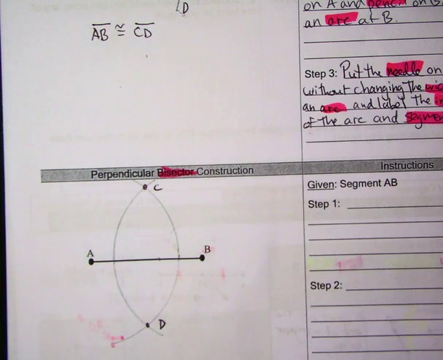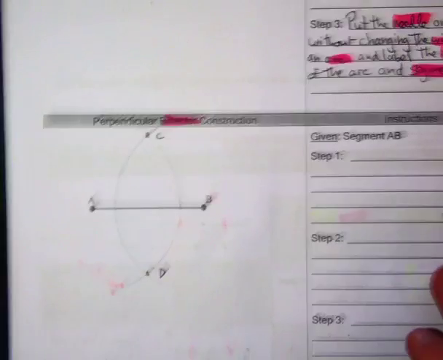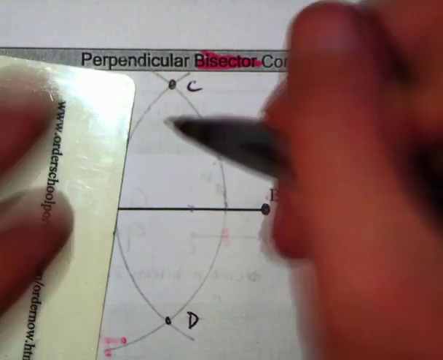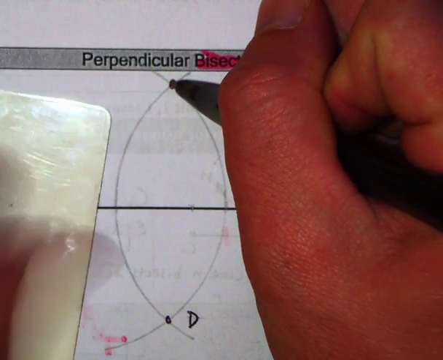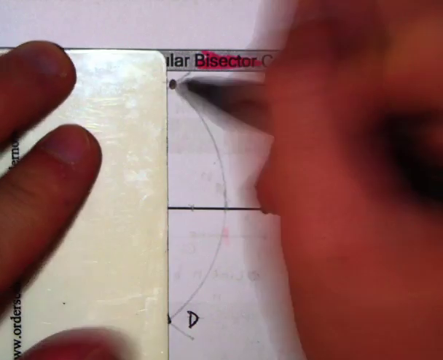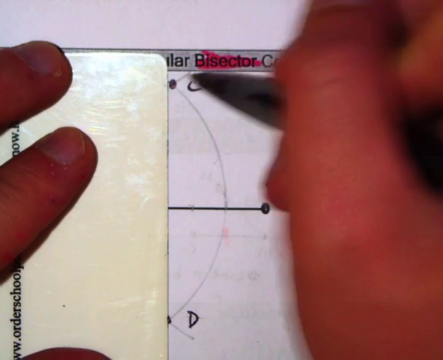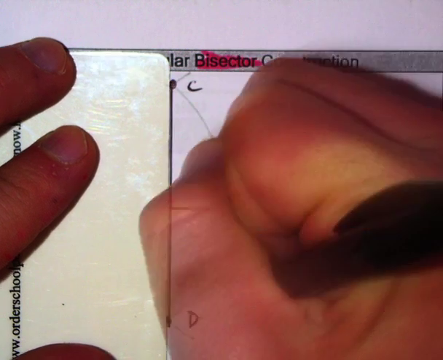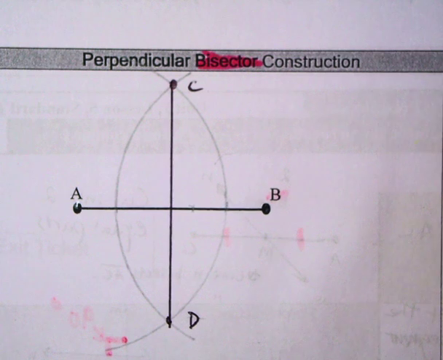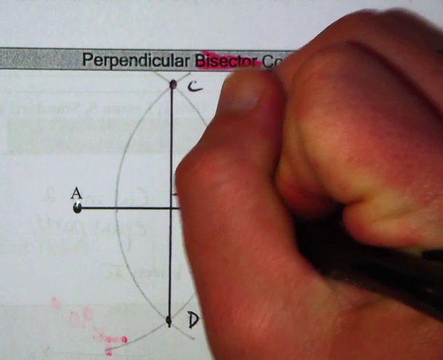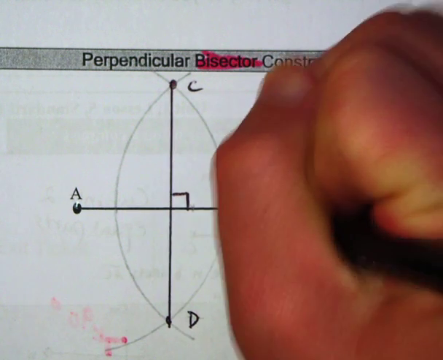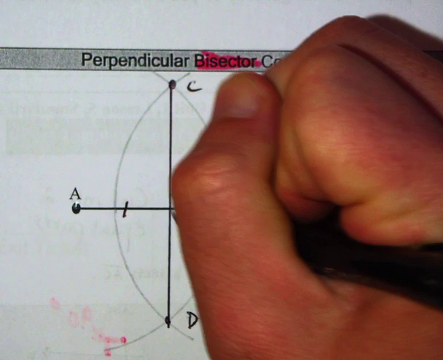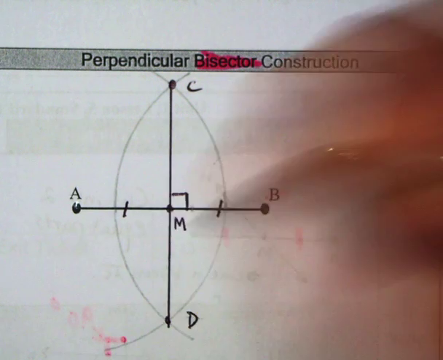And then what you can do is go ahead, use your straight edge here, and connect these 2 points. And that right there is perpendicular, and it's a bisector, and I'm going to call this right here M because it's the midpoint.